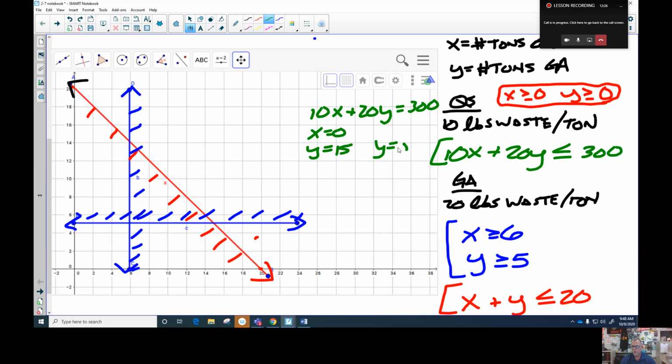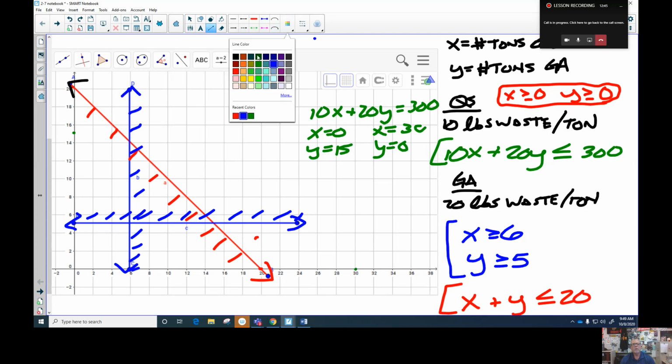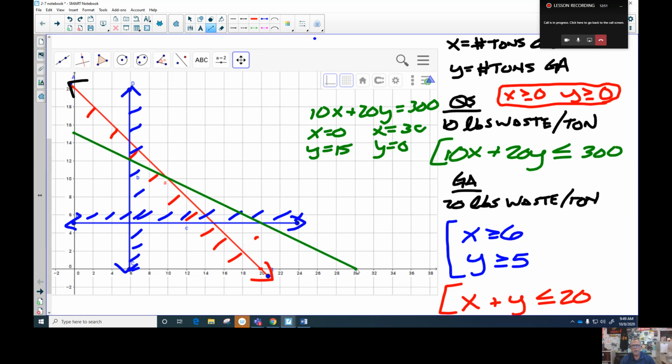And if y equals 0, then x would have to equal 30, because 30 times 10 would give me 300. So that boundary line is at x equals 0, y equals 15, so right there. And then at 30, 0, so over here. And we're going to connect those. So going from here to there.